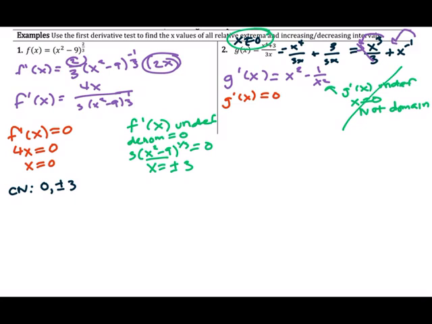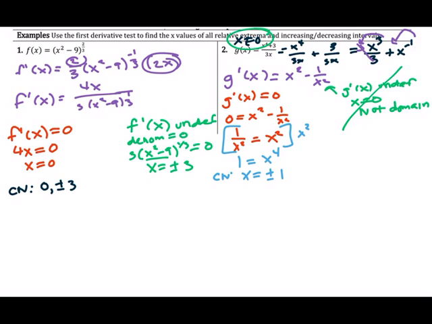So now I just need to figure out where it's 0. So I'm going to say 0 equals x squared minus 1 over x squared. I'm going to add 1 over x squared to both sides. I want to get all the x's on the same side, so I'm going to multiply both sides by x squared. So 1 equals x to the 4th, which means if I take the 4th root of both sides, x is positive or negative 1. So the critical numbers on number 2 are plus and minus 1.